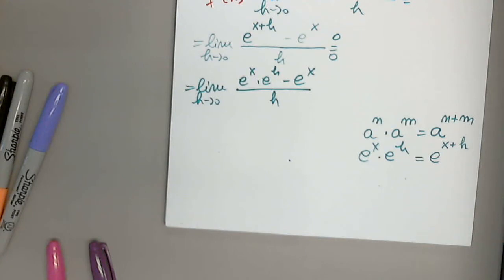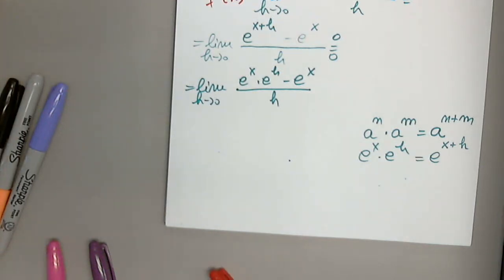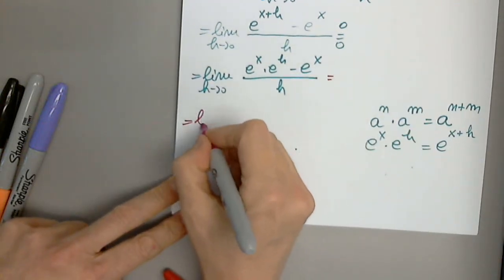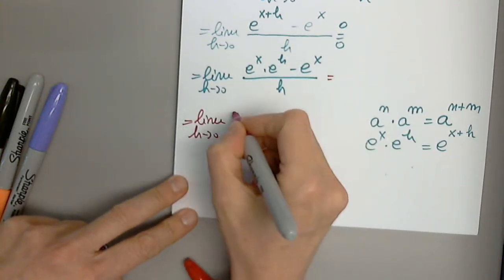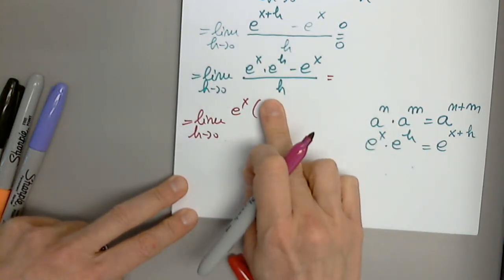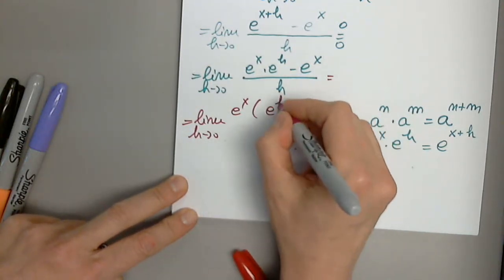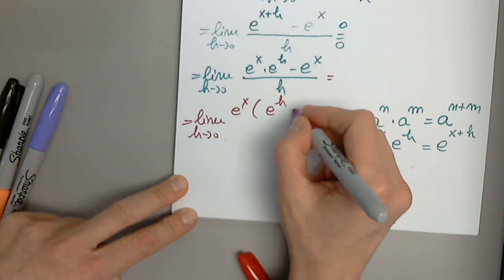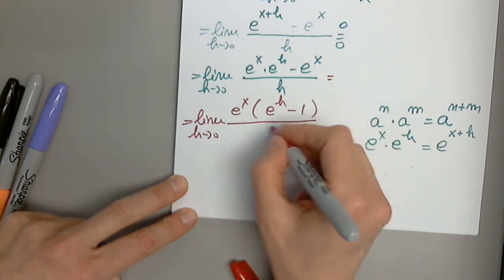Looking at this expression, you will say, I know exactly what you are going to do. And I think I'm going to do it. Exactly. What will I factor out? Very good. What is left in parentheses? That's it.